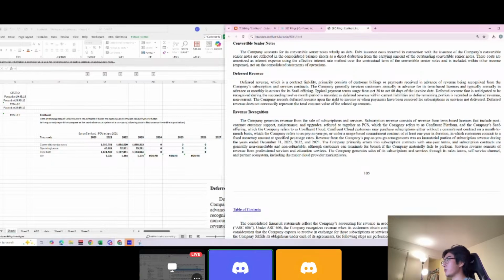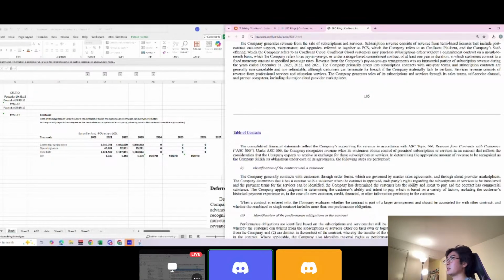The company generates sales of its subscriptions and services through its sales teams, self-service channel, and partner ecosystem, including the major cloud provider marketplaces.